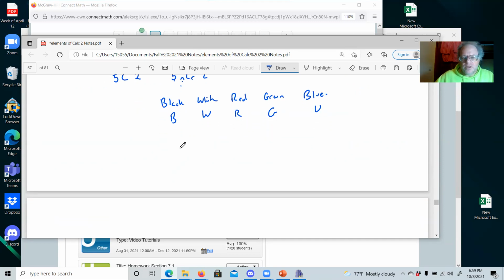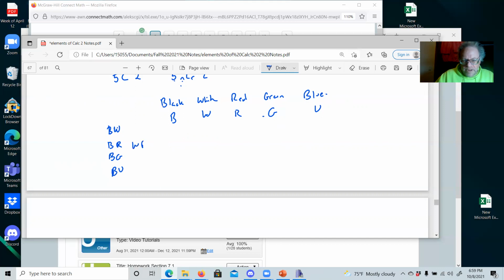So how can we do this? We have black and white, which is the same as white black. Think about this like chess pieces, it doesn't matter, we've got pawns of both colors. We have black white, black red, black green, black blue.